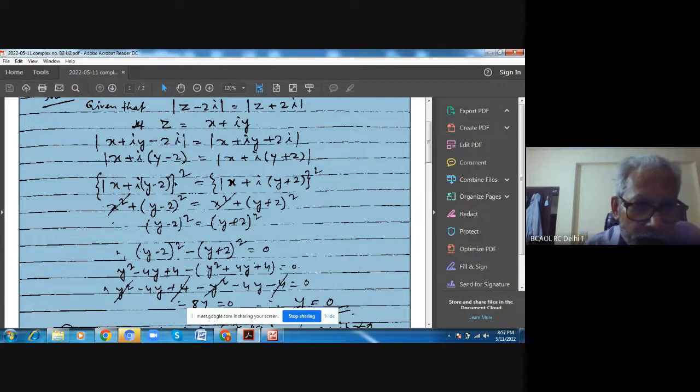So in this case, what happened? X square plus (y minus 2) whole square, and iota square is -1, so you see here it is a minus now. Now it is gone. Here also x square is gone in this case.